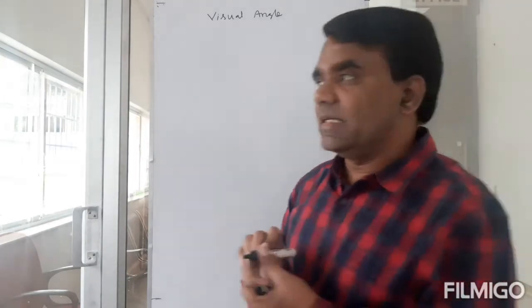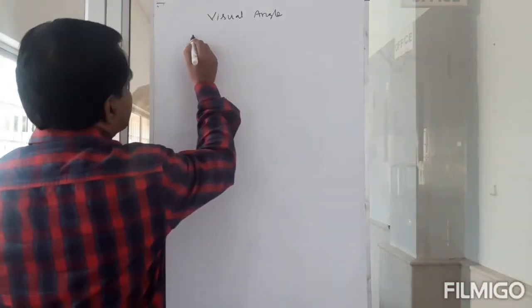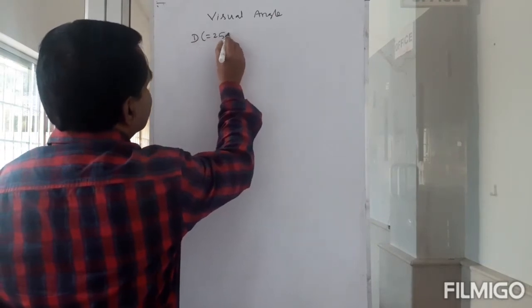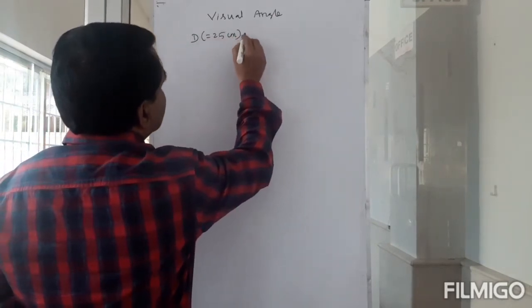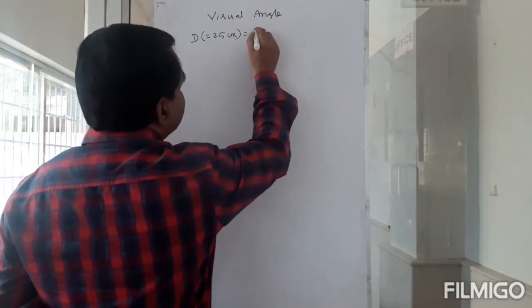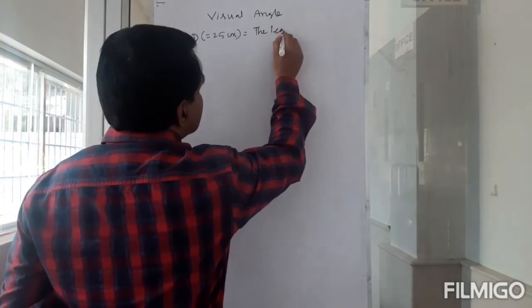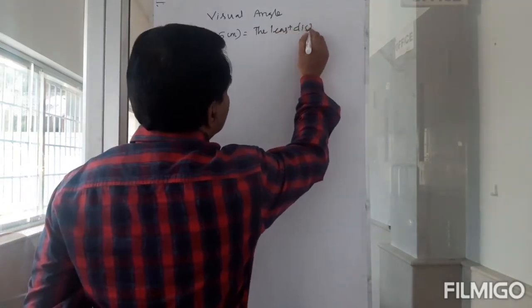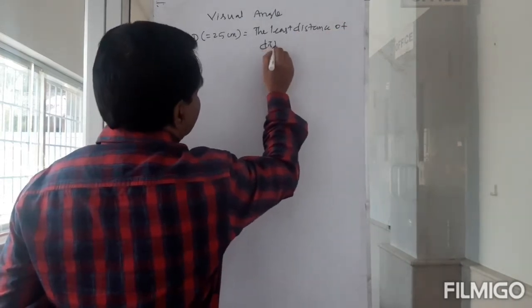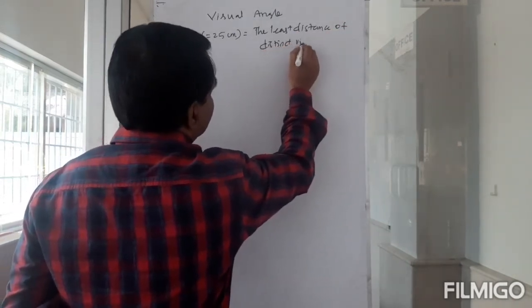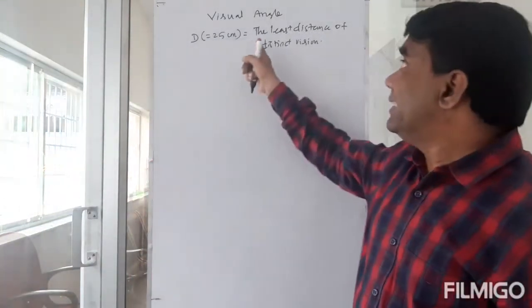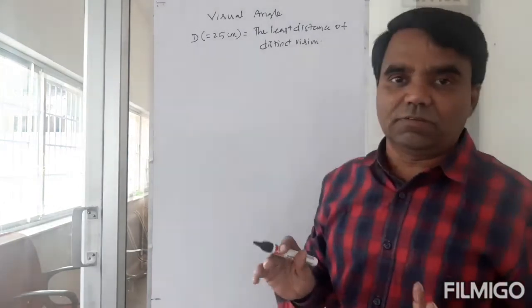We call that D, approximately equal to 25 centimeters for a normal eye, the least distance of distinct vision.